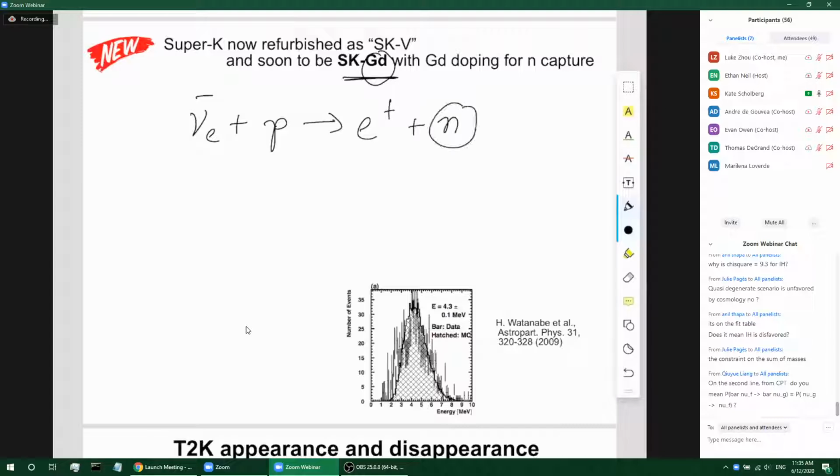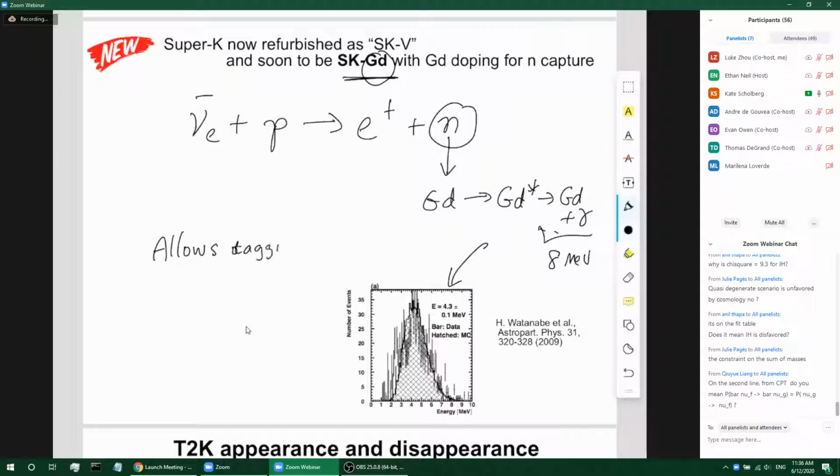This neutron gets captured on a gadolinium nucleus, which then is de-excited and spits out a bunch of gamma rays, which can then be observed by their Compton scatter. And this adds up to about 8 MeV. We had the question about the 2.2 MeV gamma. This is much more visible. This allows tagging of nu e bars, and in fact can help long baseline as well.